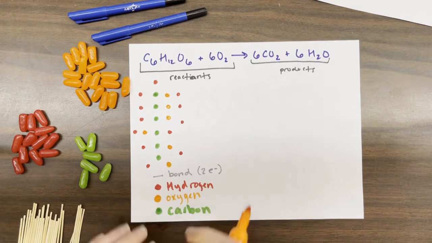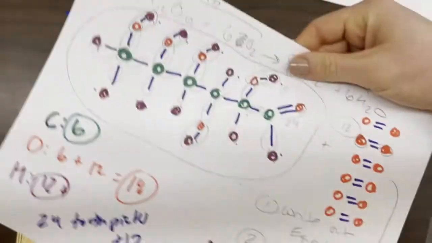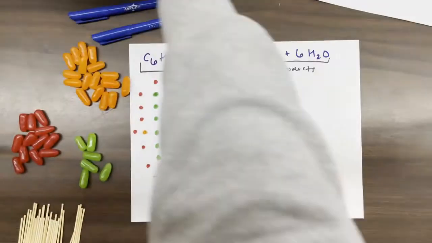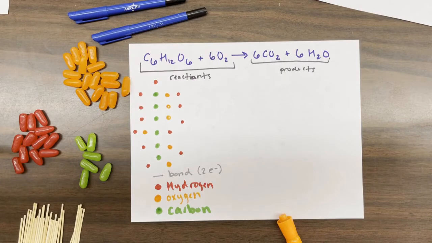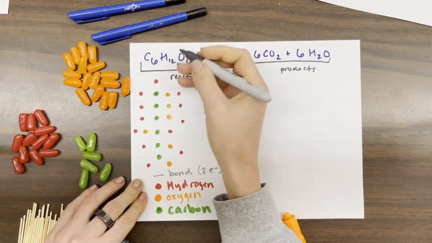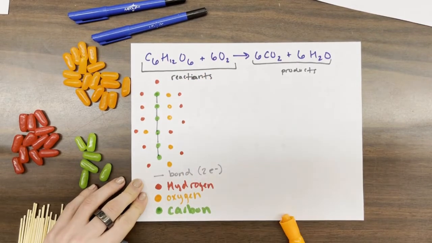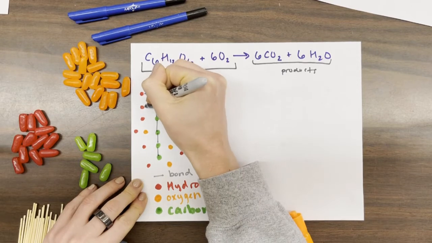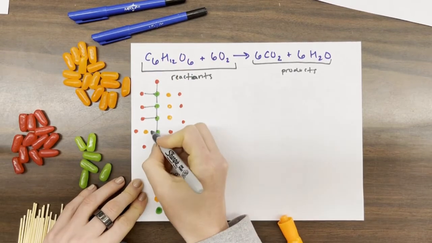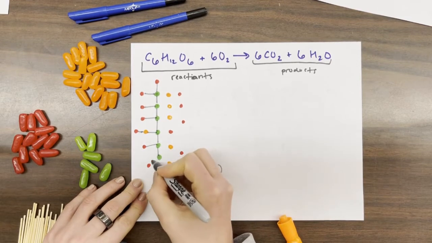Now you might be like, Miss Moore, how do I know this? Well, I drew out the Lewis dot structure previously, and it looks like this. I'm not requiring you to know how to do that. I'm just showing you what it would look like at the end. So these are all connected here, and these hydrogens are also all connected. This oxygen and hydrogen are connected here.